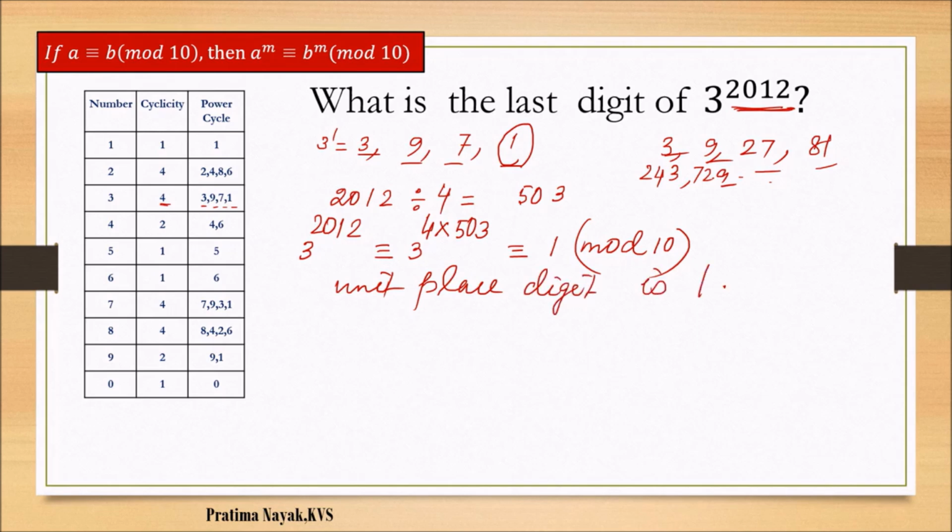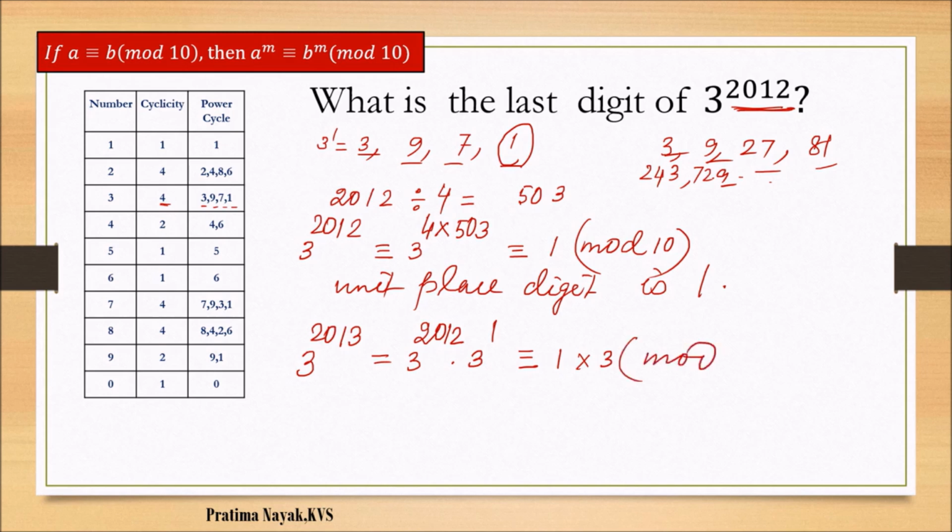Same question, if it would be 3 raised to the power 2013, then what would be the answer? It will be 3. So that time you must write 3 raised to the power 2012 into 3 power 1. So this gives you 1 multiplied by 3 modulo 10. So this is 3 modulo 10, meaning the unit place digit would be 3.